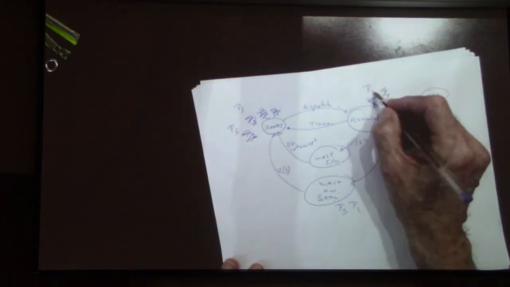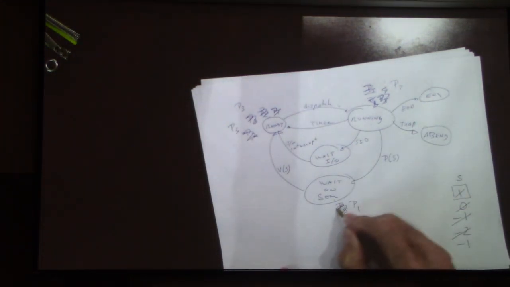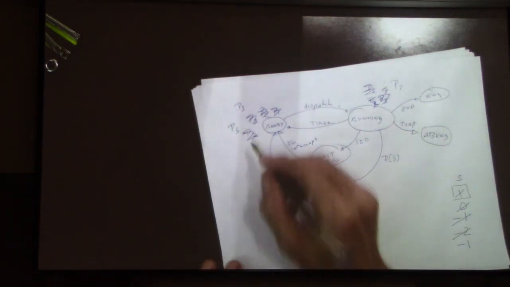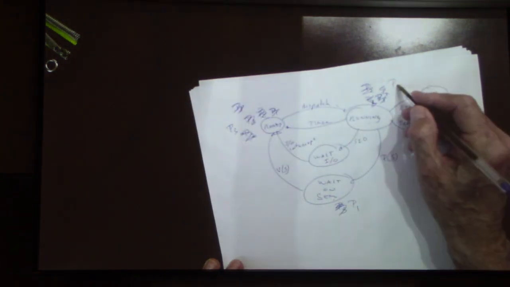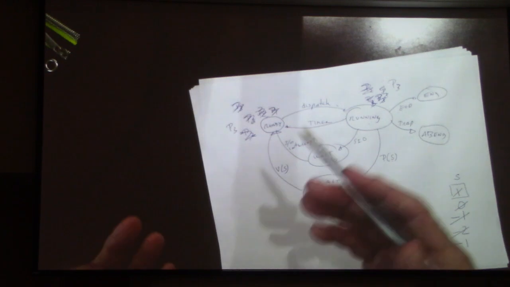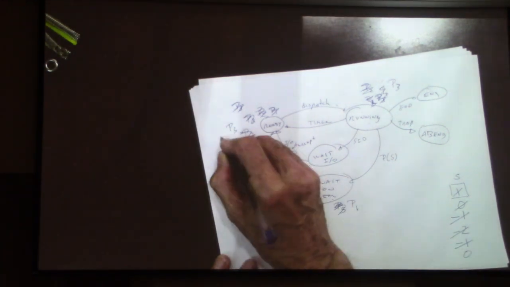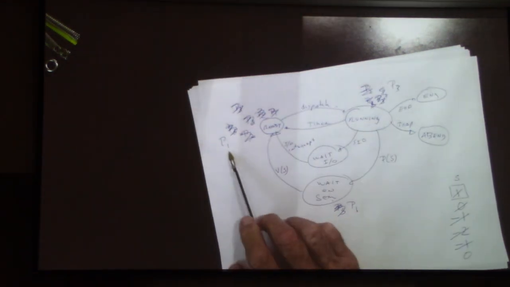Now P3 gets in. P3 is running, enters the critical section, gets out of the critical section, and applies the V operation, incrementing this by 1, so P1 gets here. I'm sorry, this is not ready.